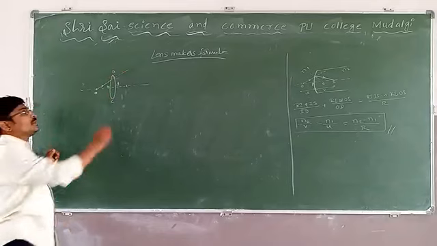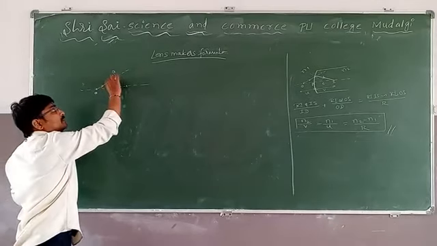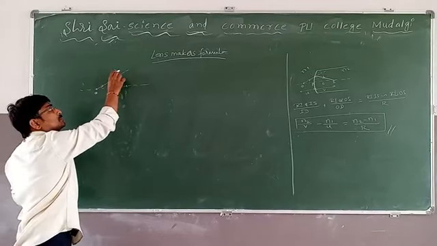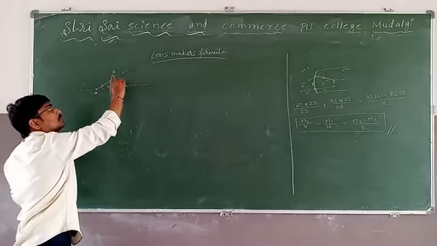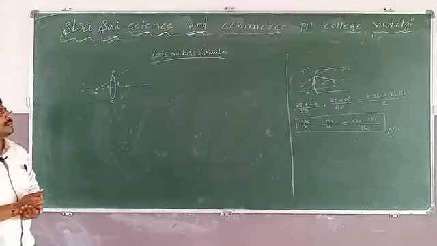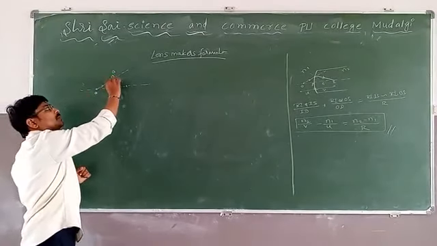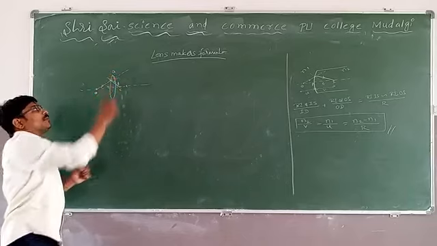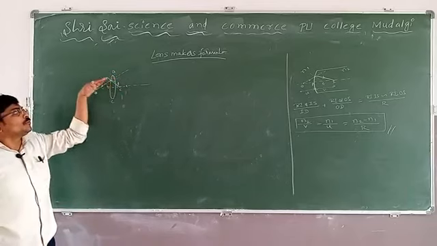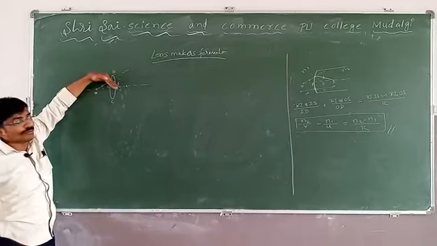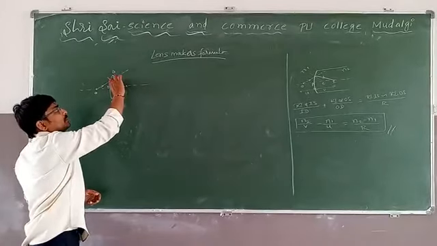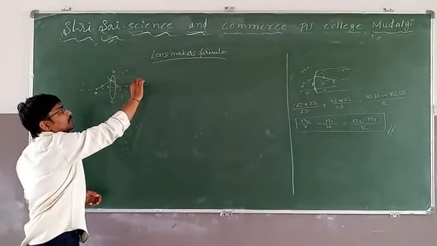Because of the ABC surface, it gets refracted. Why is that? Because here is the normal, this is the normal. When the light is incident here, instead of moving in the same direction, it bends towards the normal. Therefore, remember, it will move here and form an image here.